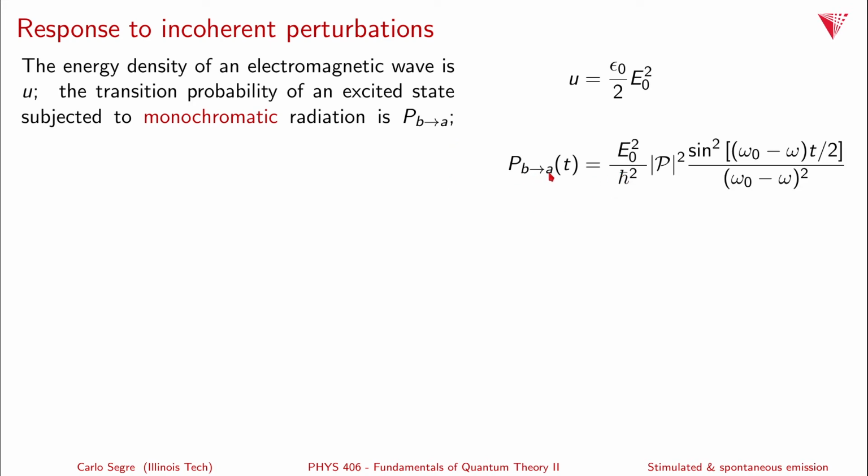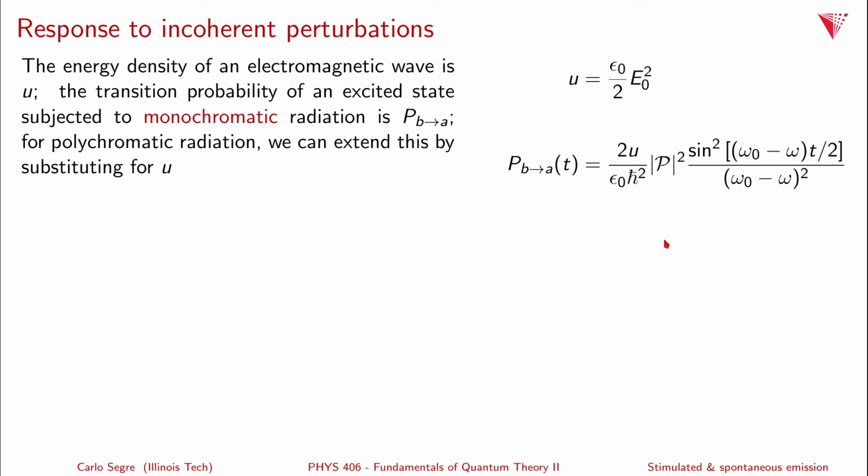P_BA(t) is equal to E sub 0 squared over h bar squared, polarization modulus squared, times sine squared of (omega 0 minus omega) t over 2, divided by (omega 0 minus omega) squared. We can now replace the E sub 0 with our expression for U, so we have 2U over epsilon naught h bar squared times the same quantities as before.